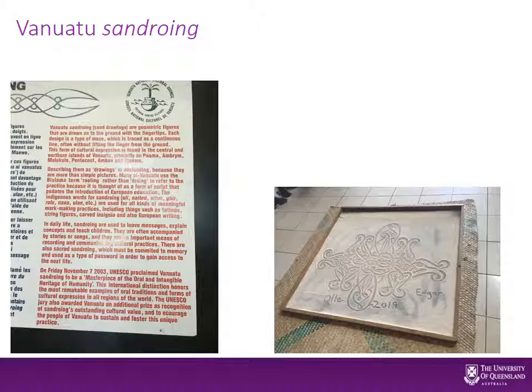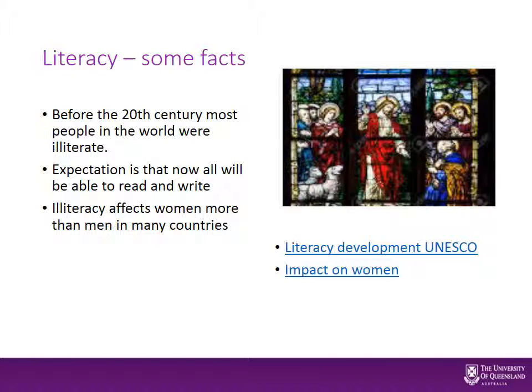So something of interest. Some other aspects of literacy. If we think about what happened before the 20th century, most people in the world were illiterate. Now the stained glass windows there are an example of an approach used in the Middle Ages and medieval times to enable people in the Christian tradition who weren't able to read to get an understanding of the stories.